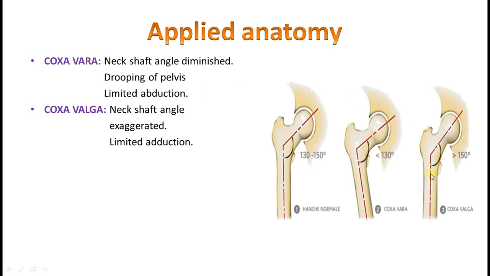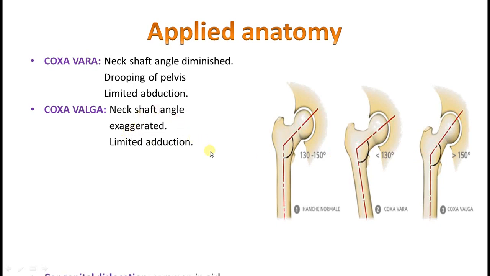The next is coxa valga, where there is an increase in the neck shaft angle. When there is an increase in the neck shaft angle, adduction will be limited, in case of coxa valga, where the neck shaft angle is more than 150 degrees.